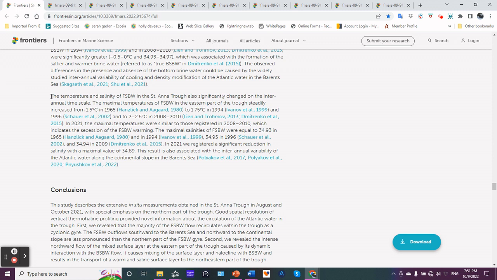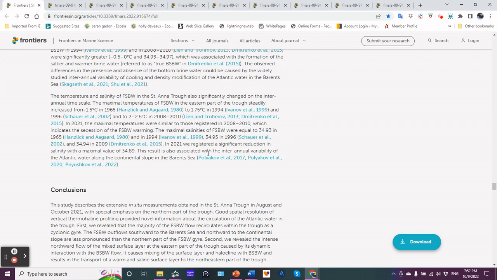But what is interesting to note is the temperature and salinity of the FSBW and the St. Anna Trough also significantly change on the interannual timescale. The maximal temperatures in the eastern part of the trough steadily increased from 1.5 C in 1965 to 1.75 C in 1994 and 1996, and 2 to 2.5 C in '08 to 2010.